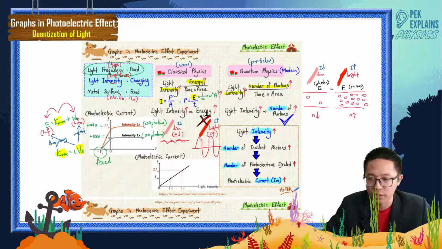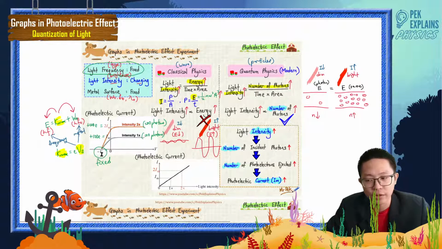Once again, I want to conclude that intensity is about the number of photons. It's not about the energy. If classical physics were correct, the higher the intensity, the higher the energy of the electrons ejected, and then the stopping potential would also change.